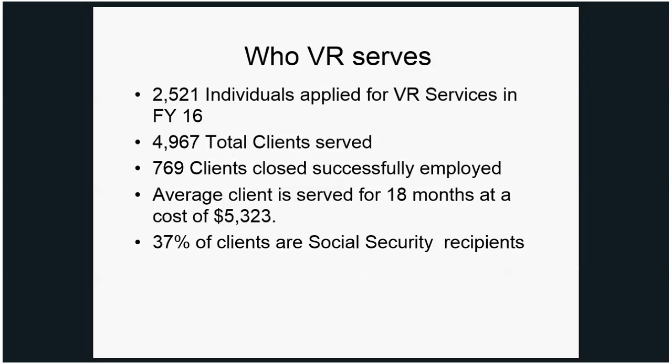A little bit on who we serve in the vocational rehabilitation program. There were 2,521 individuals who applied for VR services in fiscal year 16, and the VR program served close to 5,000 people, 4,967 clients. Out of those, over 600 of the applicants in FY16 were under 20 years of age at application.